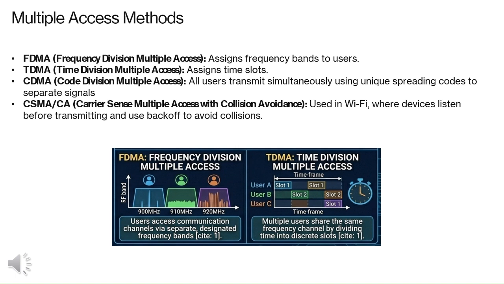FDMA gives each user their own frequency band. TDMA gives a time slot. CDMA transmits simultaneously using unique spreading codes. And CSMA/CA is used in Wi-Fi, where devices listen before transmitting and use backoff to avoid collisions.